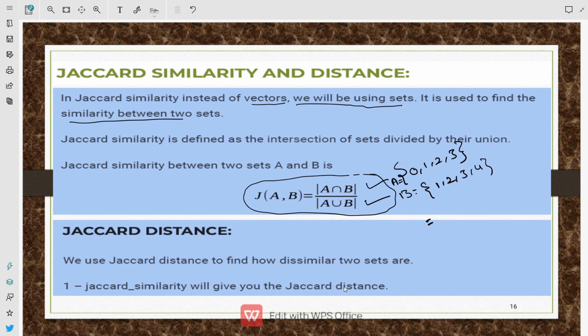When we perform the union operation, we take only the length of the set. A intersection B is 1, 2, 3, the common elements, so 3 over the union. When we perform the union operation, here we have 0, 1, 2, 3 and 4. So when we perform this, we'll get the answer. This is the Jaccard similarity.